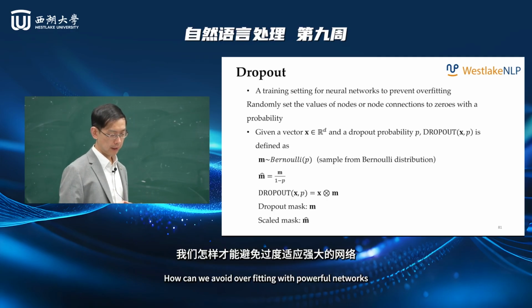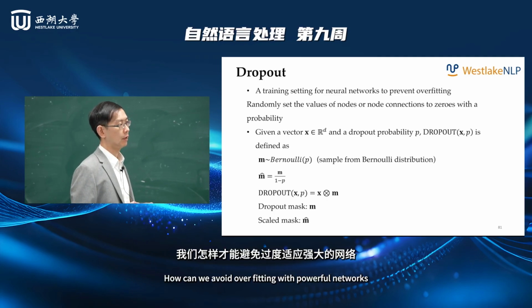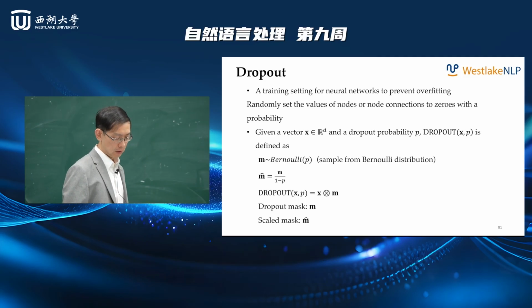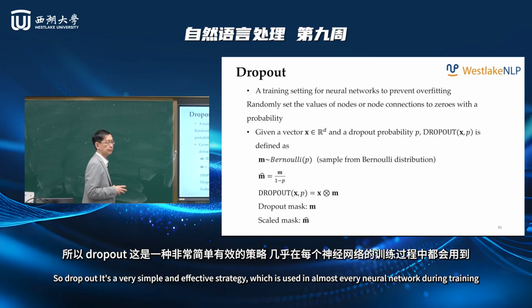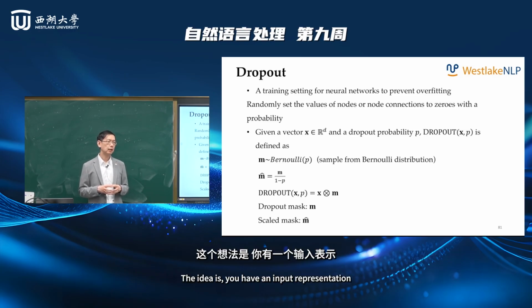How can we avoid overfitting with powerful networks? So dropout is a very simple and effective strategy which is used in almost every neural network during training. The idea is you have an input representation.